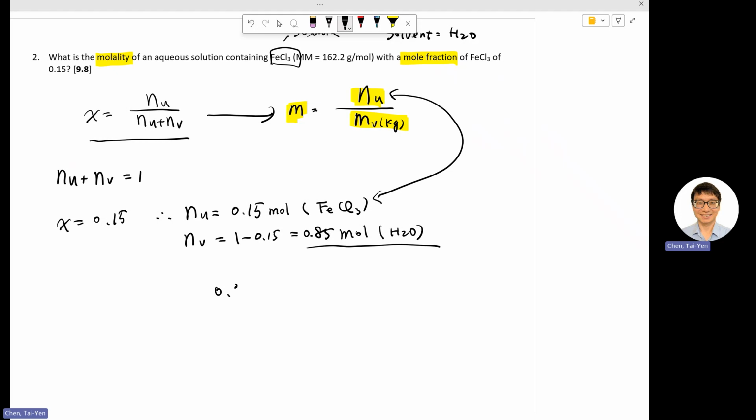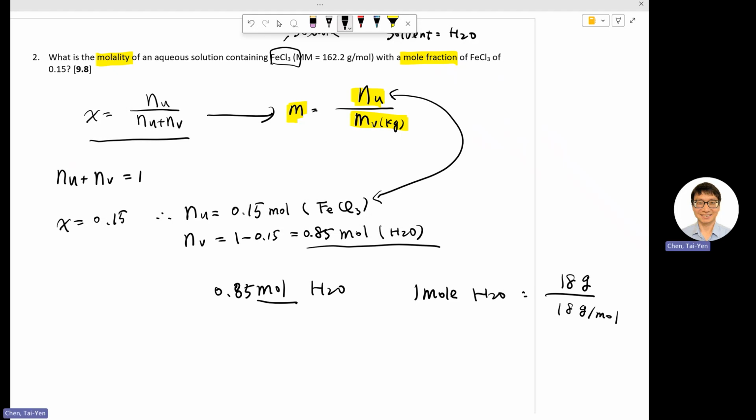Okay, so what do you know? You know 0.85 mole of H2O, right? What does 1 mole mean? 1 mole of H2O is defined as 18 grams of water over its molecular weight, right?